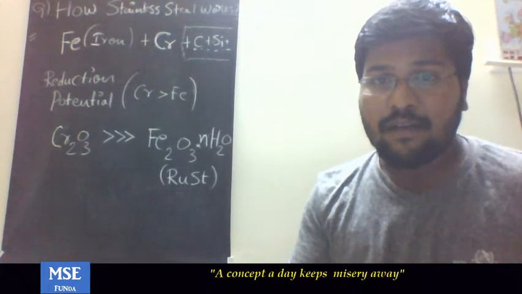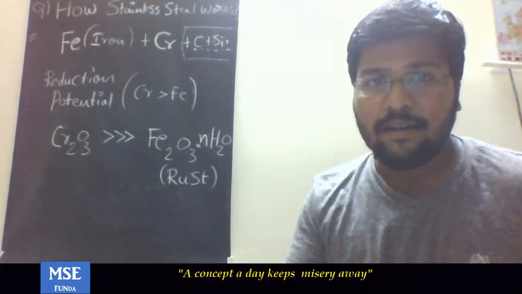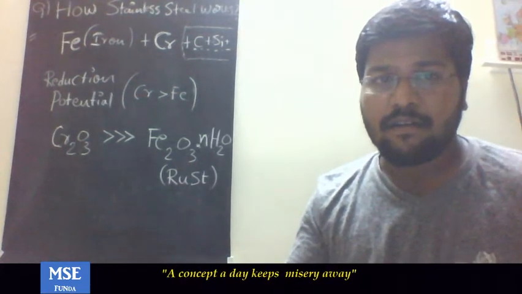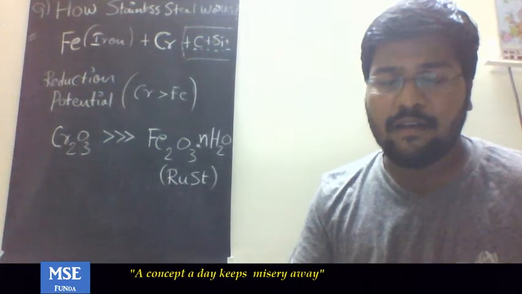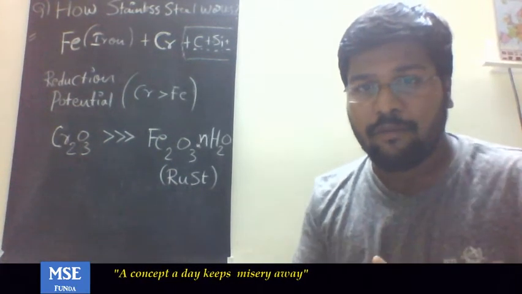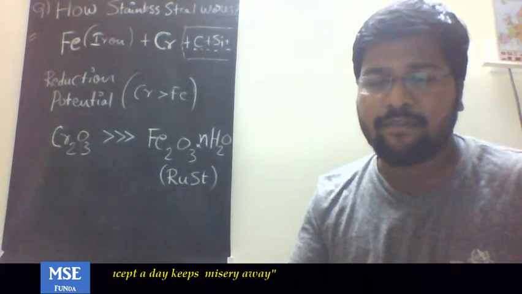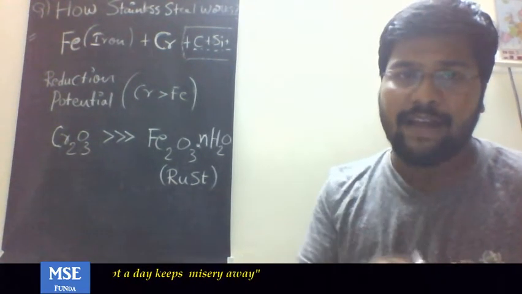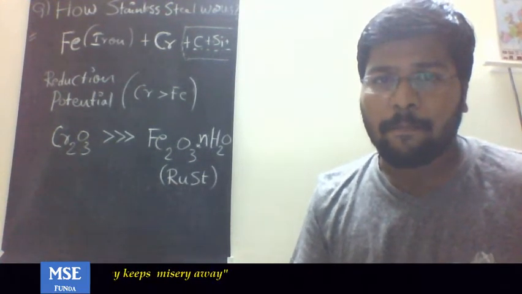And this limits the usage or the applications of iron. So decades of research led to the invention of stainless steel by adding chromium, 16 to 18% and above, into the matrix of iron, which actually makes iron rust-proof.